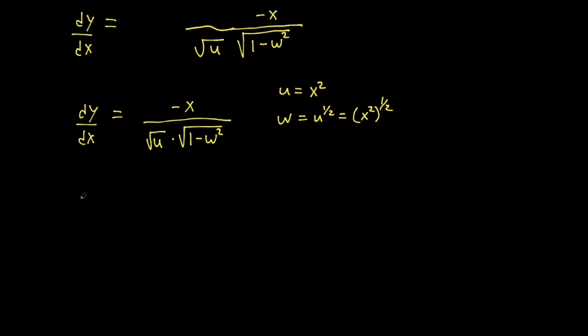So let's see, we have derivative of y with respect to x is equal to negative x over square root of x squared. So look, another absolute value is popping up. Square root of x squared times square root of 1 minus x squared to the 1/2, squared.